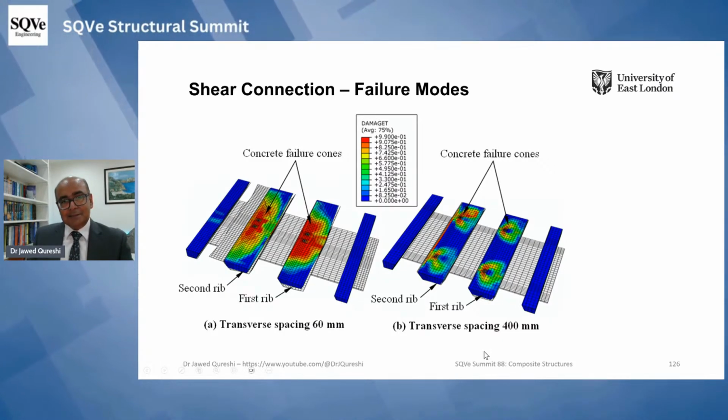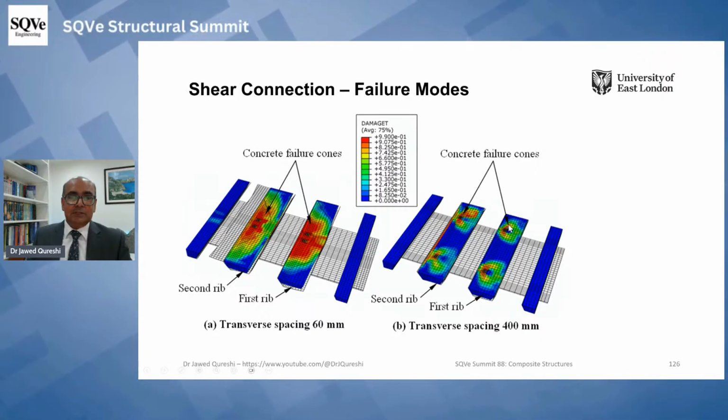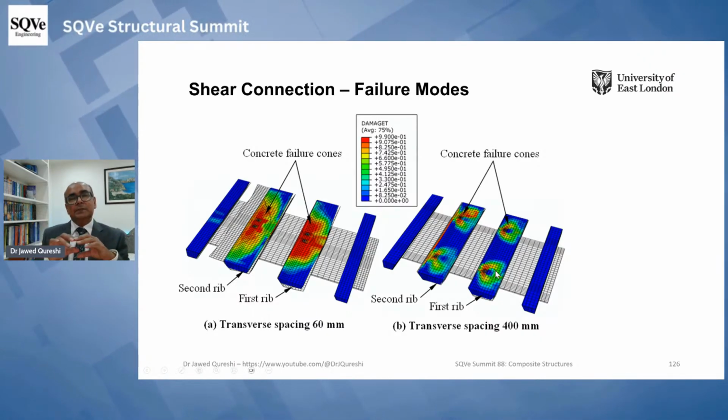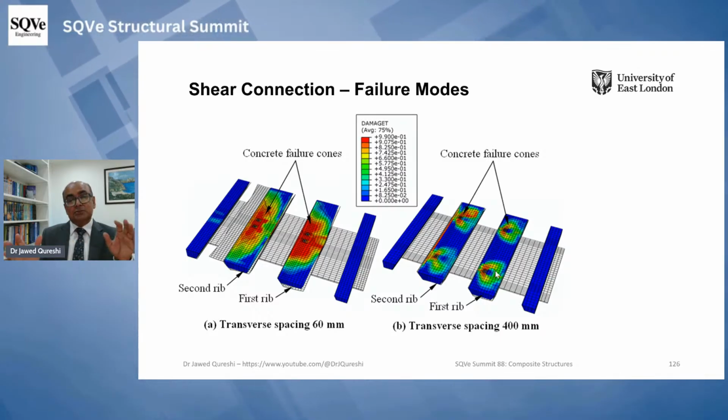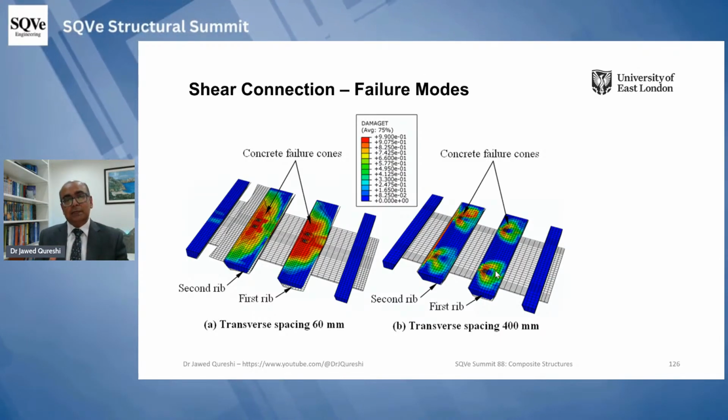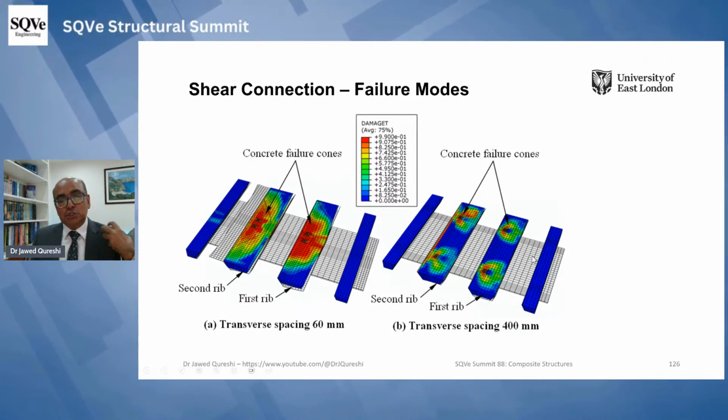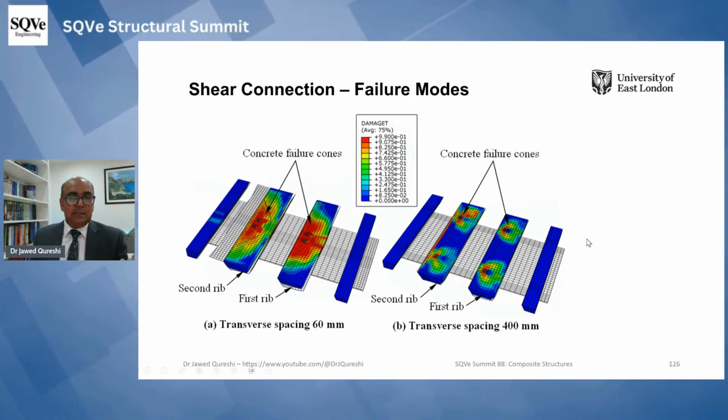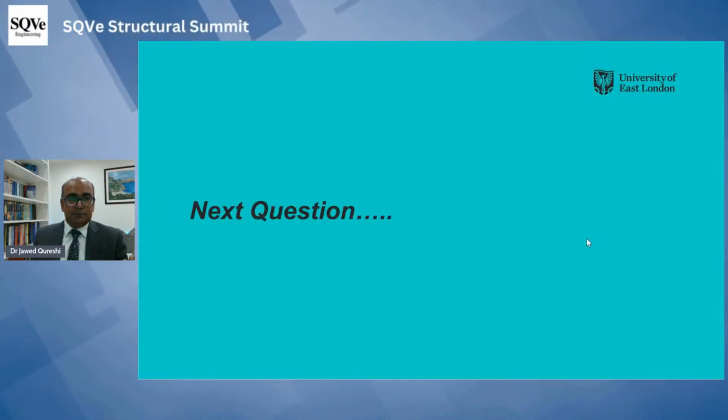Here I increased the spacing between studs to about 400 millimeter, and you can observe that now individual cones are being observed. In that case, the shear strength per stud will be exactly equal to what you get in a single stud. So it means that the dominant failure in this case is concrete failure, concrete shear cones.